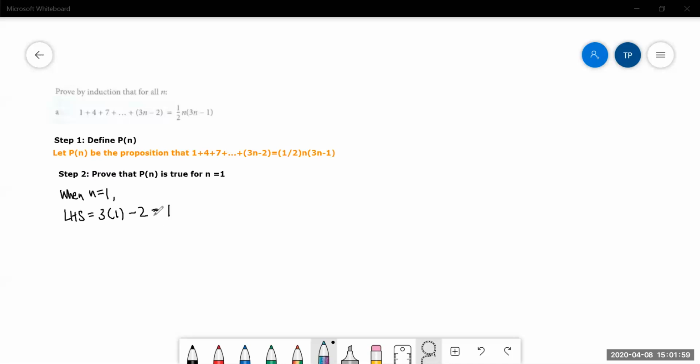Correct? Then right hand side, 1 over 2 times 1, times 3 times 1 minus 1. So what will you get? 1 as well.